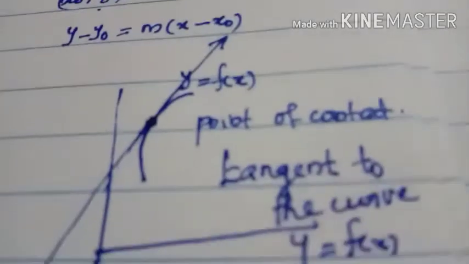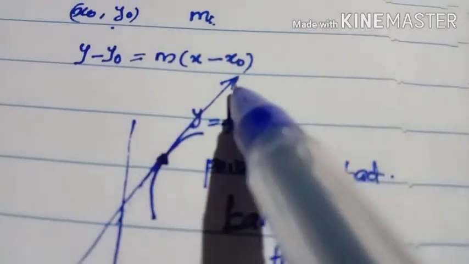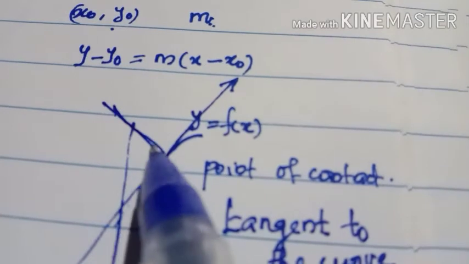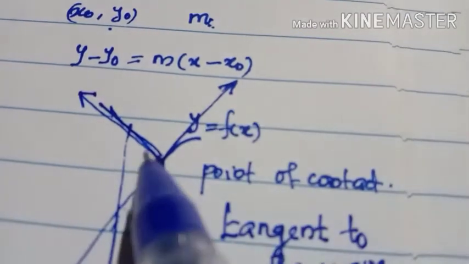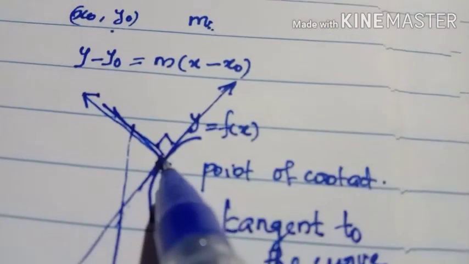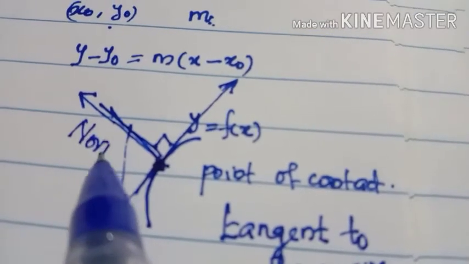Now through this point draw a line perpendicular to this tangent. So this is the line perpendicular to the tangent passing through this point of contact, and this line is called normal.